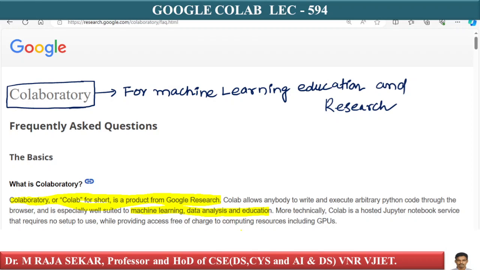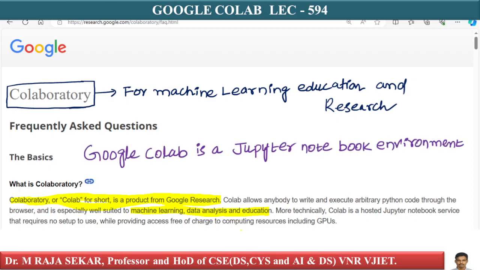Google Collaboratory is literally a Jupyter notebook environment, like IPython notebooks, and works very well. You can access Google Colab using the latest versions.